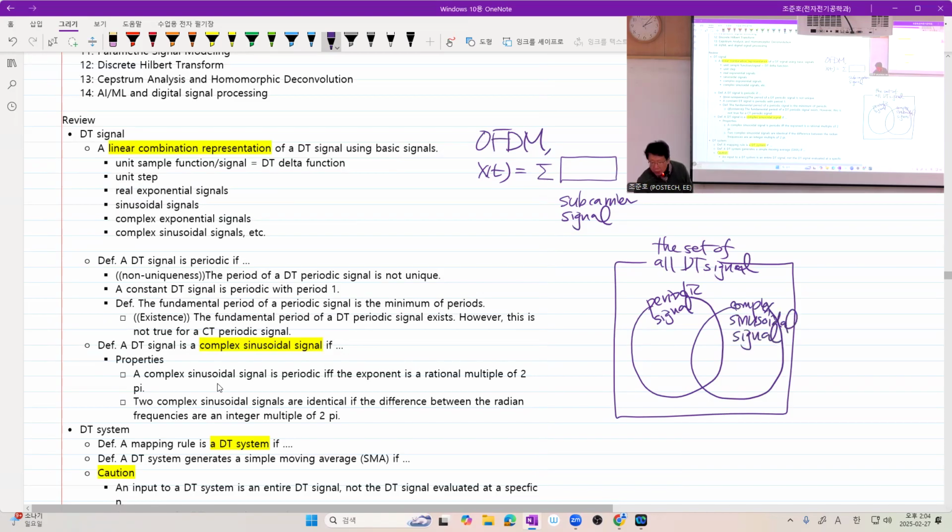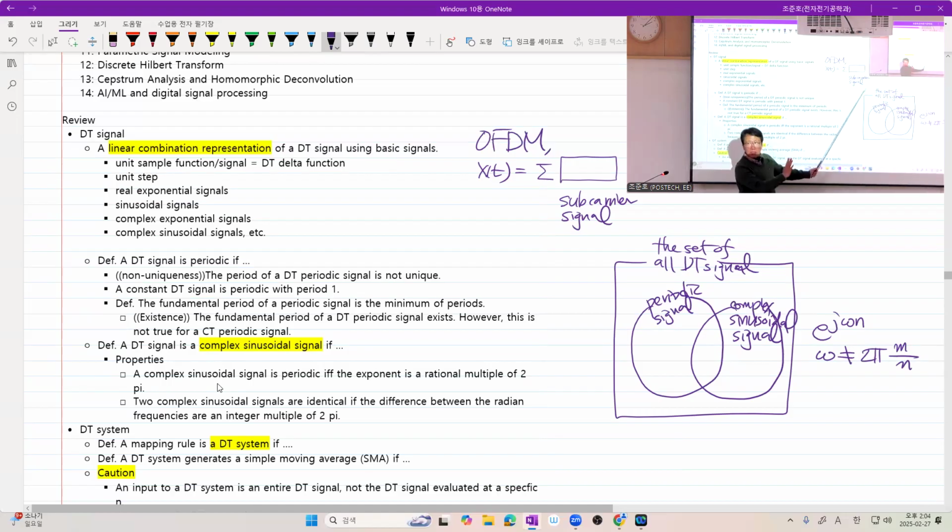The reason why this subset is not contained in periodic signals is that e to the j omega n with omega not a rational multiple of 2 pi is not periodic. Okay, so remember this one.